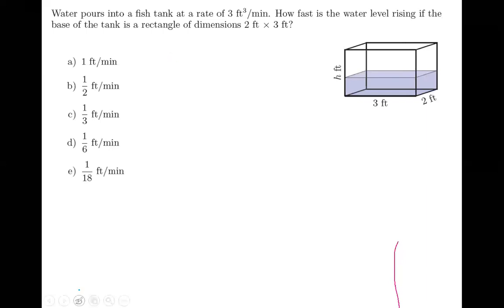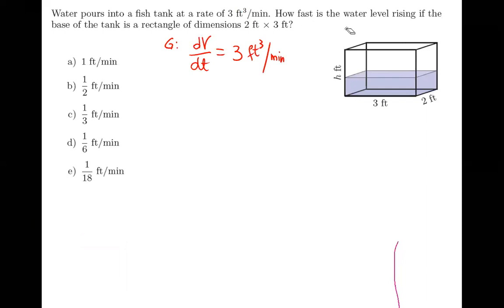That means the given information, and I always like to write the given information, is the rate of change of the volume with respect to time, 3 feet cubed per minute. dV/dt, volume. How do I recognize it? Because it's cubed. The rate of change, of course, volume is always cubed.